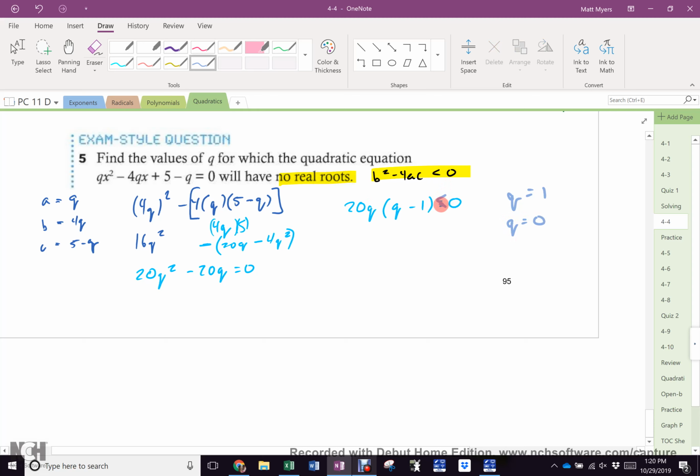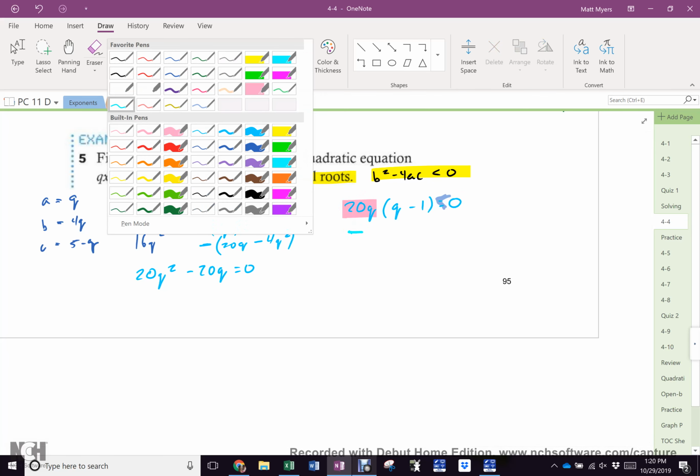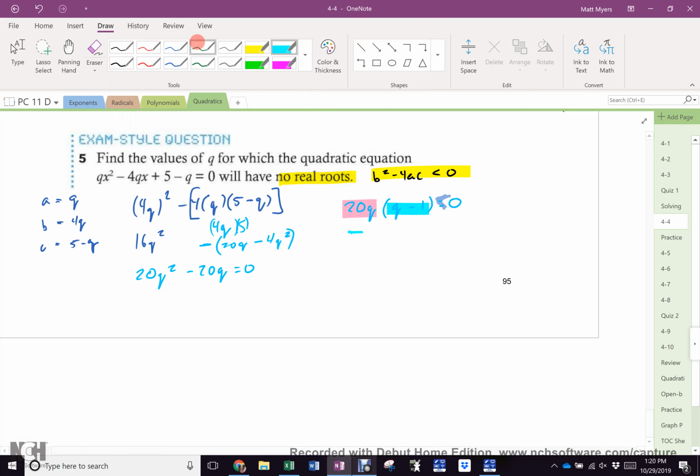So really, I have to really think about this one. For this left side to be less than 0, that would have to be negative, right? And that would have to be positive. Agreed?